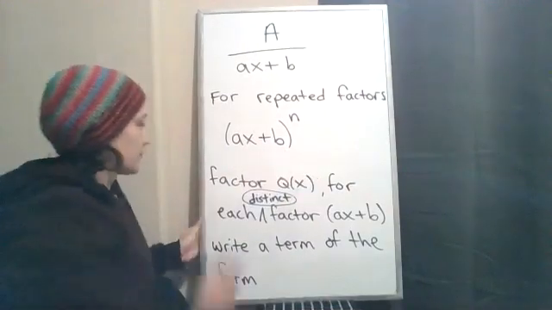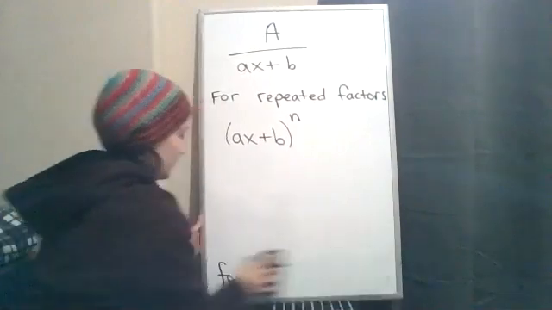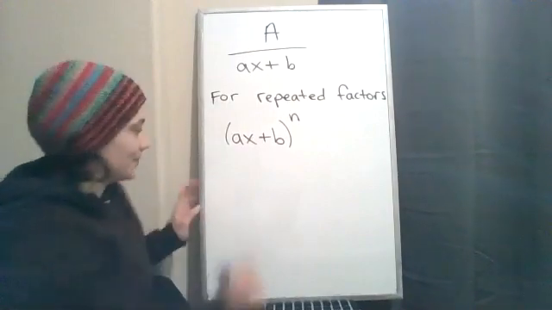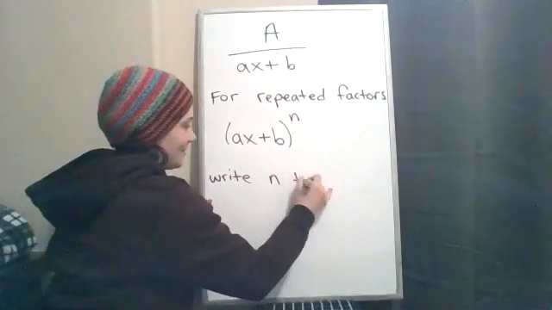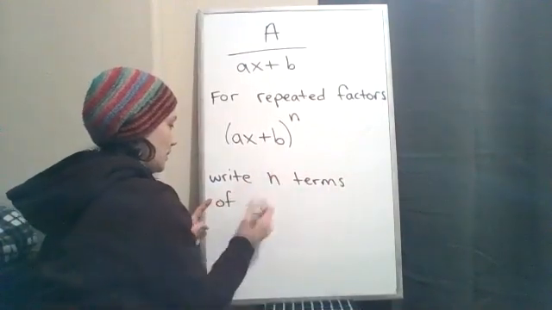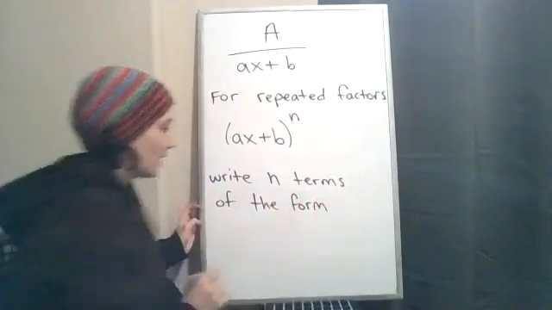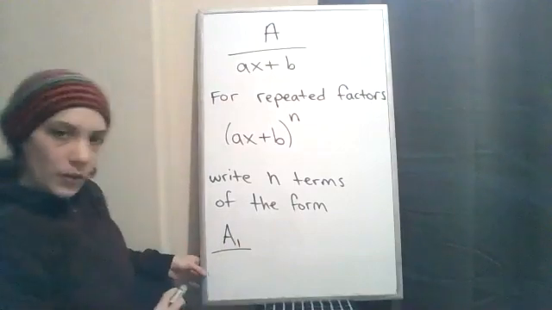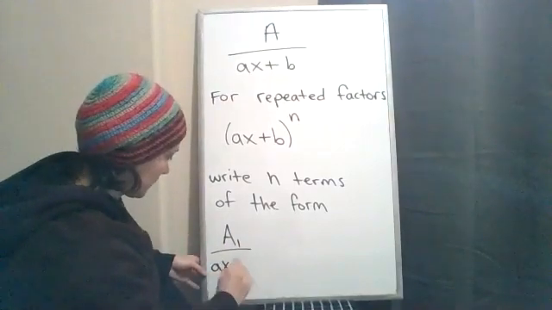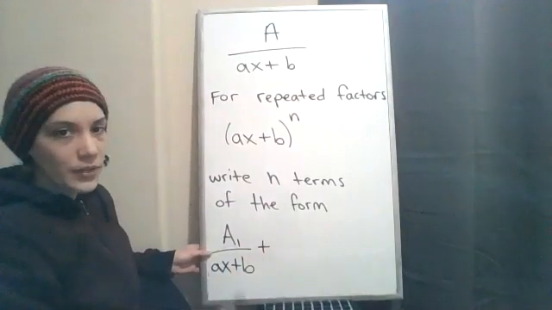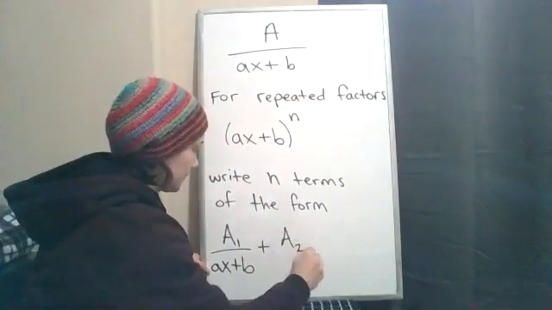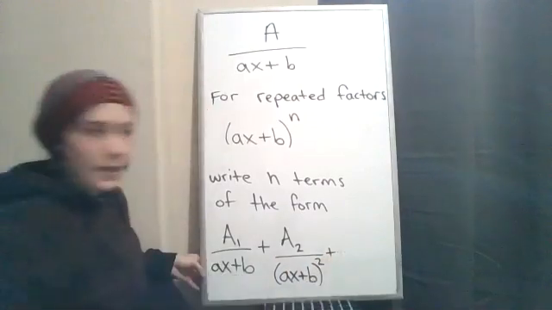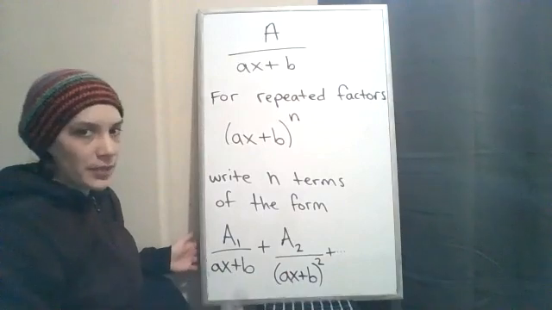Okay, you write n terms of the form: a sub 1 over ax plus b, add a sub 2 over ax plus b squared, till you get to the last one, a sub n over ax plus b to the power n.